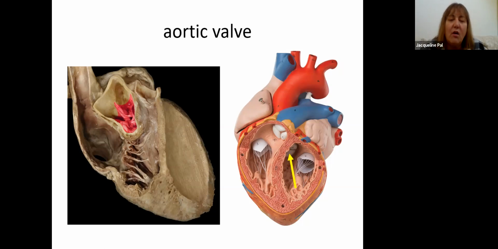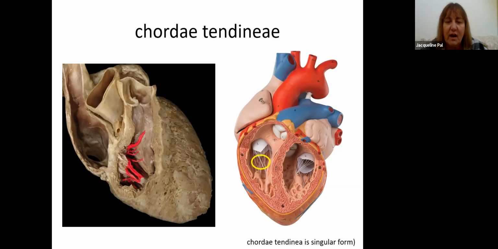So there are a couple of added structures for the tricuspid and mitral valves. The first structure is these strings that you see hanging down from the valve. The plural form is chordae tendineae, E-A-E. Chorda tendinea without the final E is the singular form.